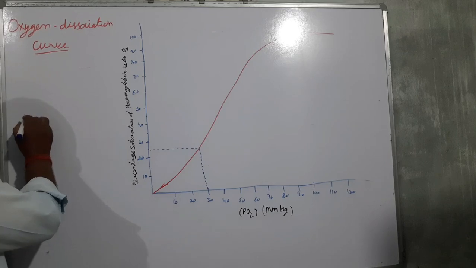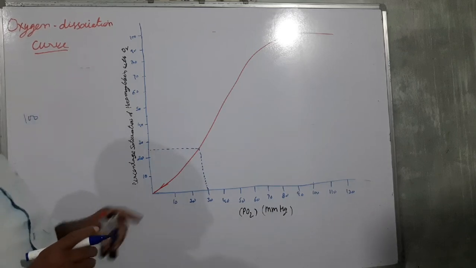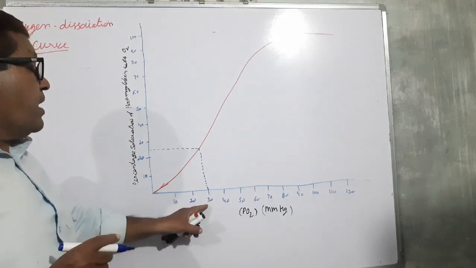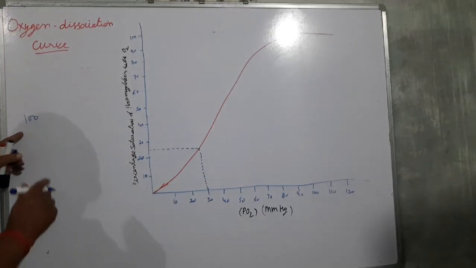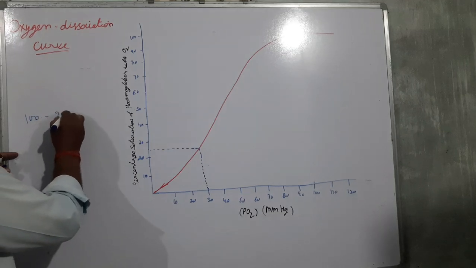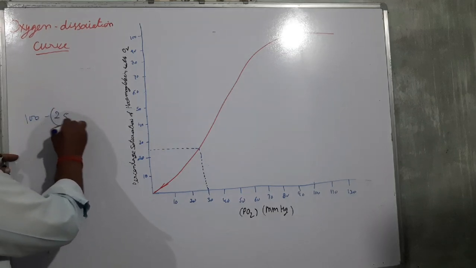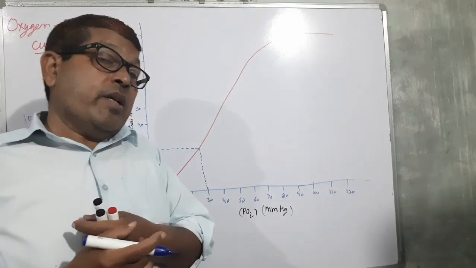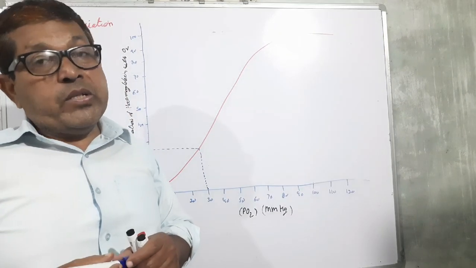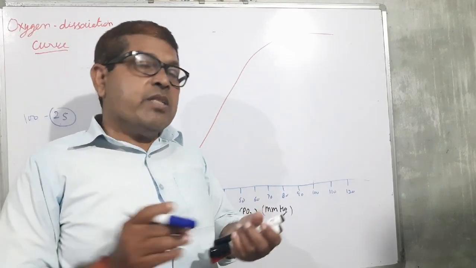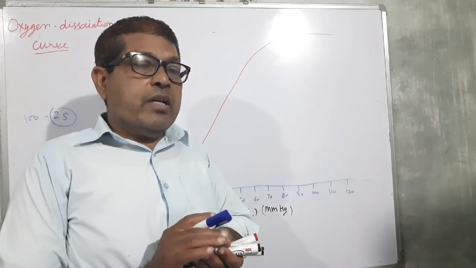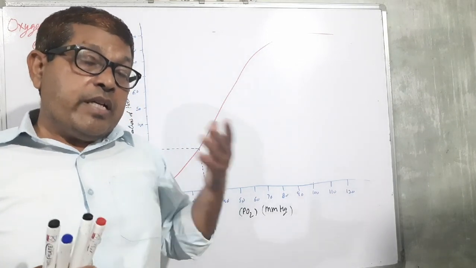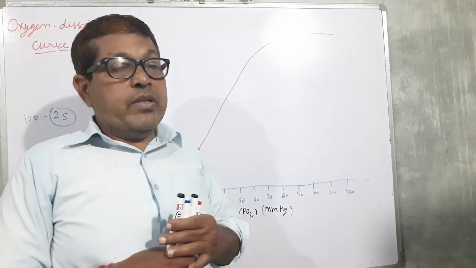Suppose there are 100 molecules of hemoglobin. At this partial pressure of oxygen, only 25% of molecules will be saturated. That means 25% of molecules will carry 4 molecules of oxygen, as each molecule of hemoglobin can combine with 4 molecules of oxygen.